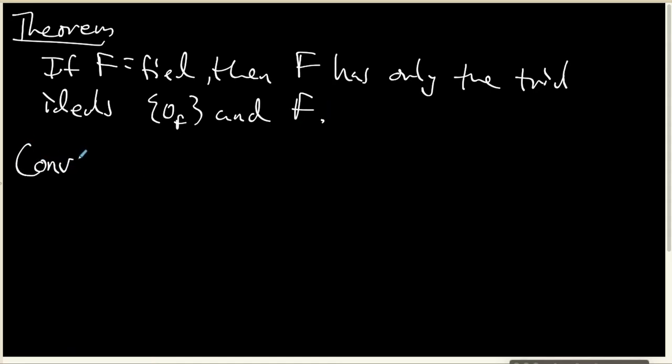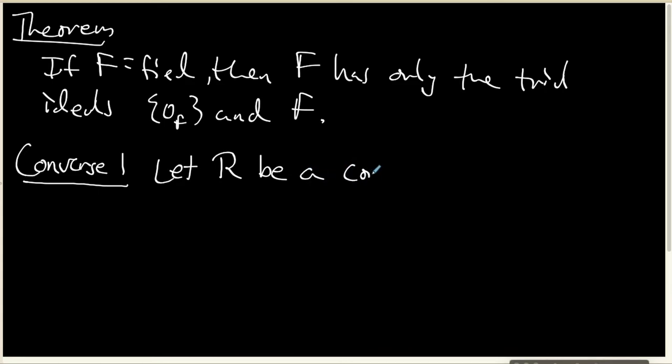One possible way of crafting a converse, and I'm going to call it converse 1 because there is more than one way of crafting it, is to take the fact that we've got that one element zero ring running around and put it into the conclusion of the theorem. In other words, we're going to let R be a commutative ring, and we're going to go ahead and assume that we have a multiplicative identity element.